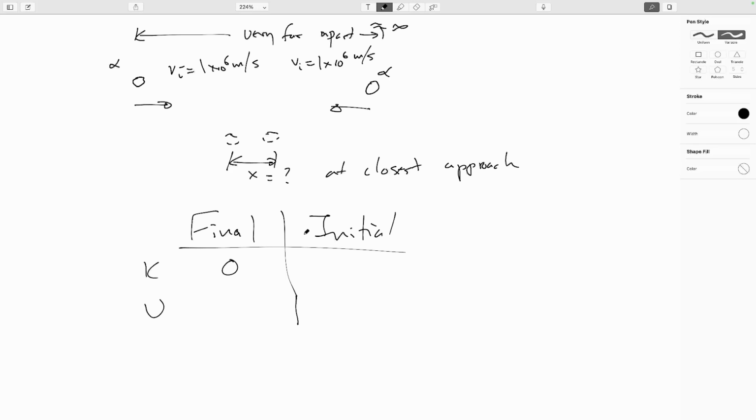The initial kinetic energy, well, one of these will have a kinetic energy of 1/2 mv squared, the initial squared. So will the other one. My initial potential energy is going to be basically 0, because I said these are very far apart, so we're calling that infinity, and at infinite separation, the potential energy is 0.